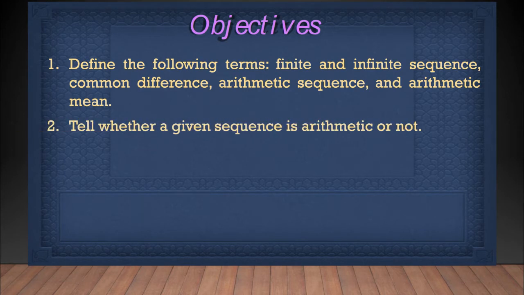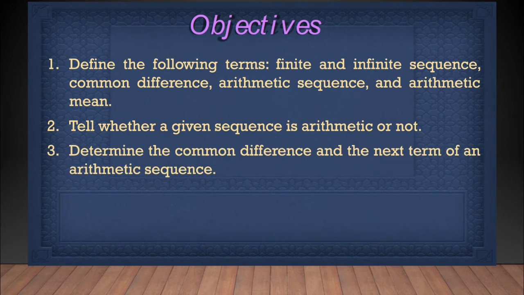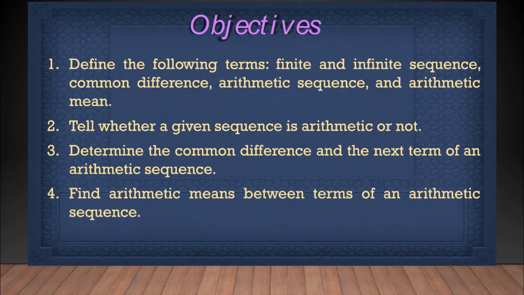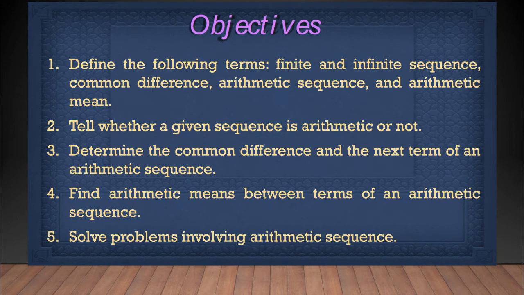Tell whether a given sequence is arithmetic or not. 3. Determine the common difference and the next term of an arithmetic sequence. 4. Find arithmetic means between terms of an arithmetic sequence and solve problems involving arithmetic sequence.